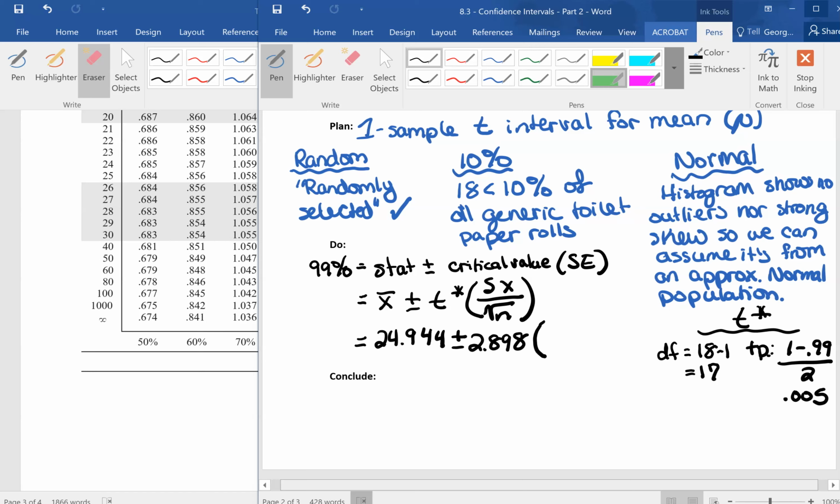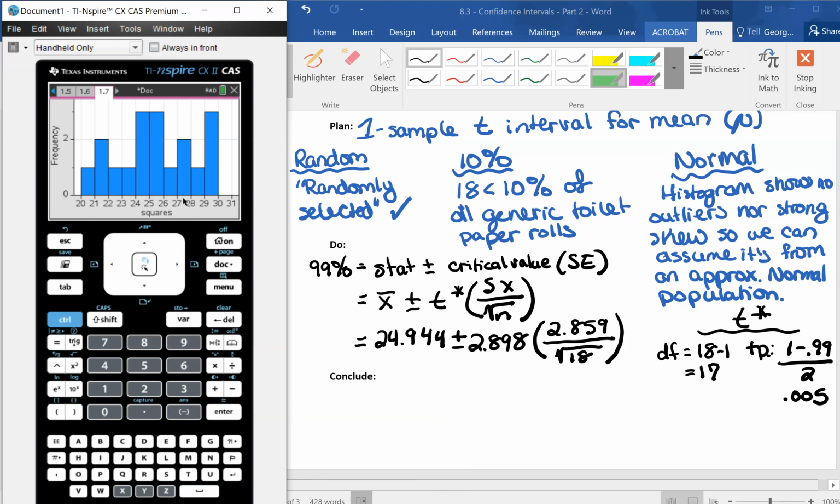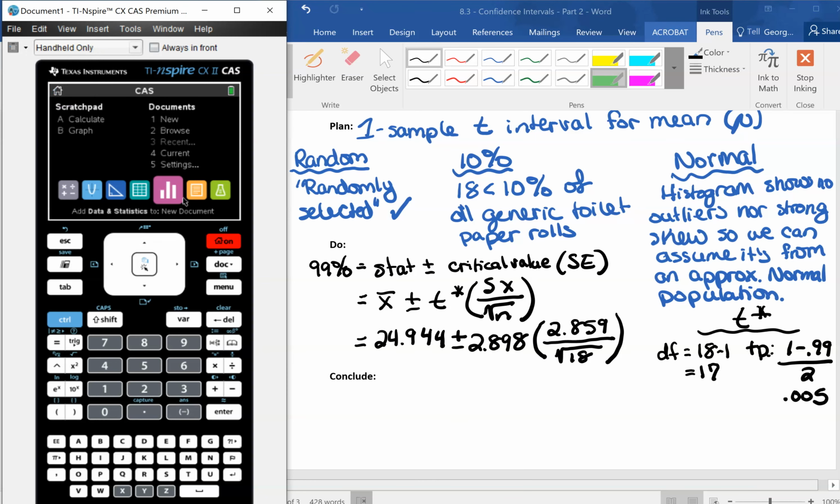All right, then we're going to do our standard deviation, which was 2.859 over the square root of our sample size, so square root of 18. Jumping back to the calculator, I need to hit the house so I can get back to the calculator screen.